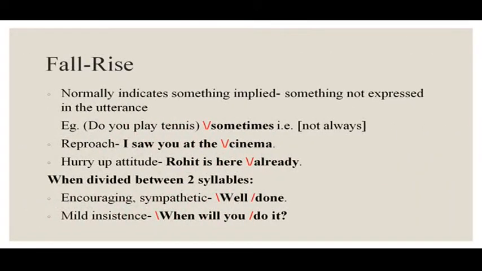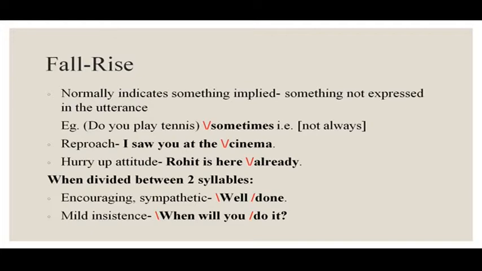A fall rise tone can be used in two different ways. It can occur on the same syllable or be divided on two separate syllables. On the single syllable, when used, it normally indicates something implied, something that is not expressed in the utterance.